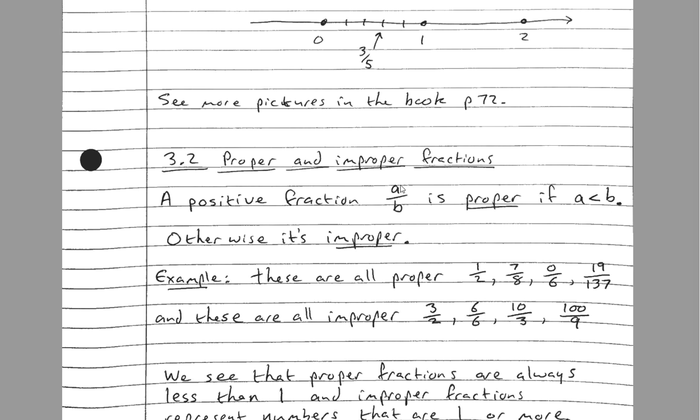If the top number is smaller than the bottom number, that's called a proper fraction. Otherwise, the fraction is improper. If the top number is the same size or bigger than the bottom number, then you're working with an improper fraction.